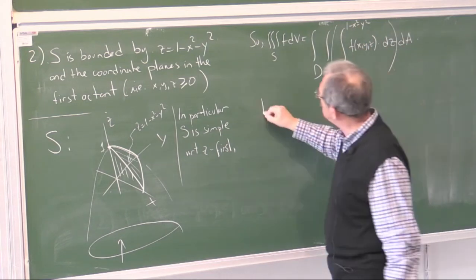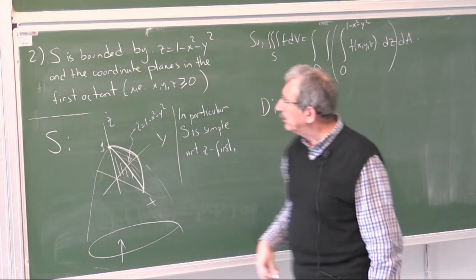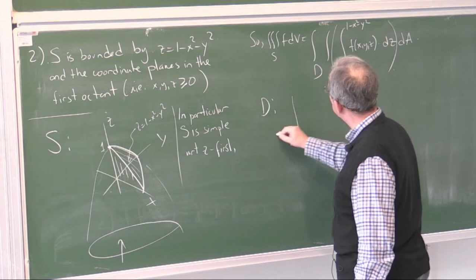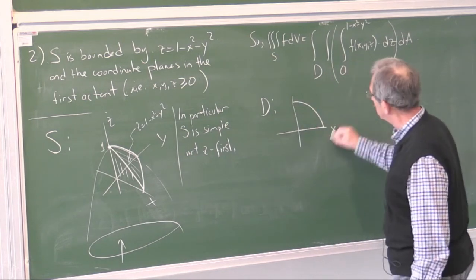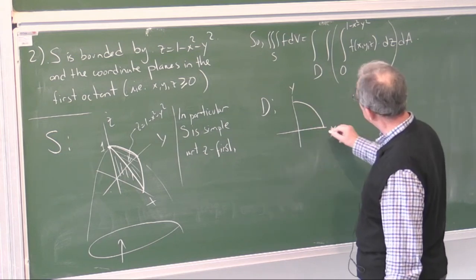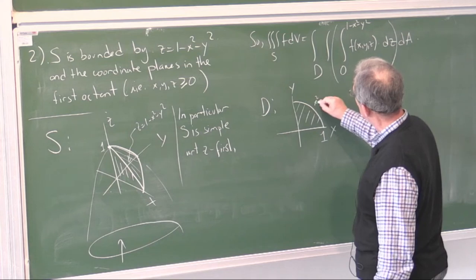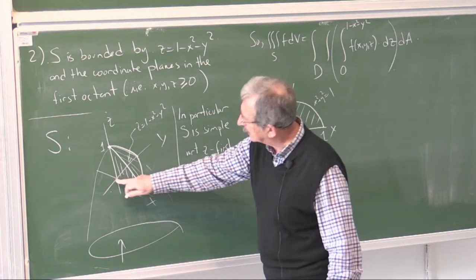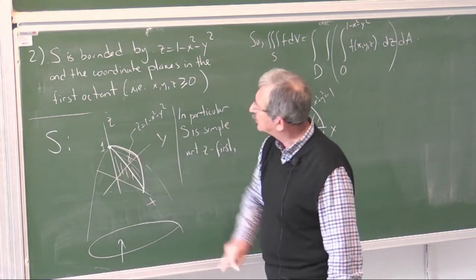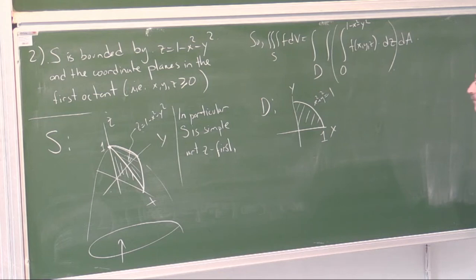Of course, D is what you see when you look from the top. If you look from the top, what you see is a quarter of a circle with radius 1. Because there, what you see is the base, z is 0, so x squared plus y squared is 1.